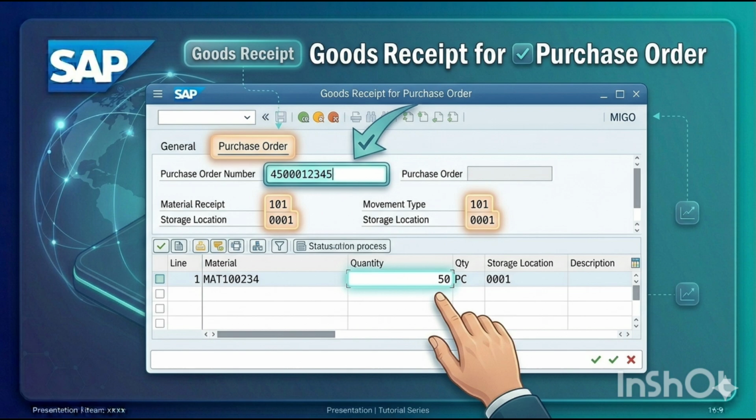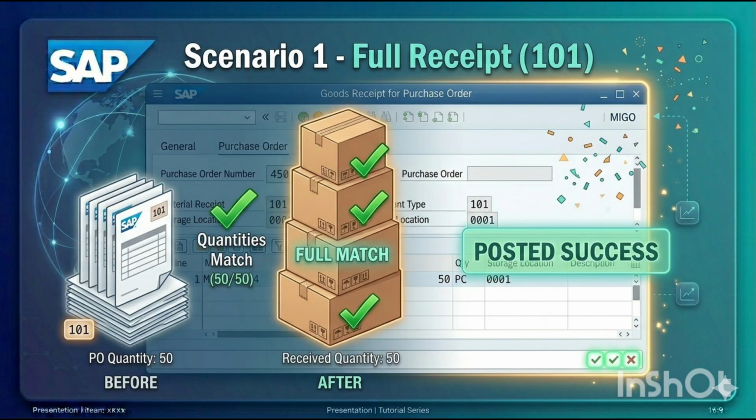So this is the step where you have entered the PO number, verified the quantities and you have entered the correct quantity for this.